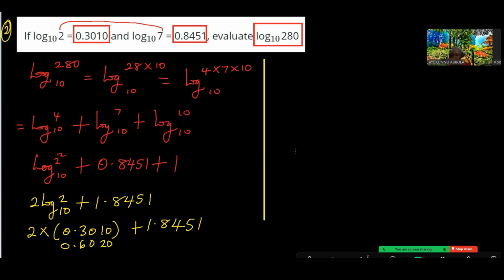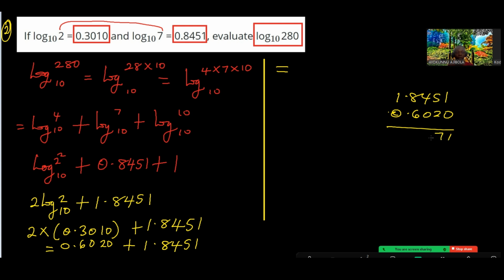Then you're going to add them together now. That's plus 1.8451. Let's quickly add this somewhere here. That is 1.8451 plus 0.6020.